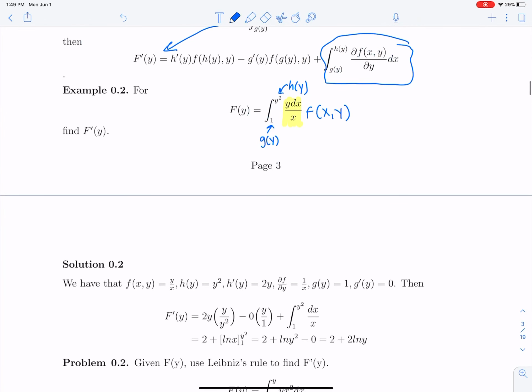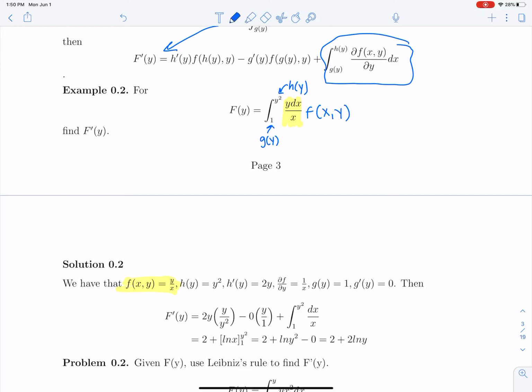So the solution would be, like I said before, we have f of xy as our function of two variables. And then h of y, like I pointed out, is y squared. So if we differentiate, h prime of y, we get 2y. So any of the functions of just one variable, you differentiate the way that you are used to.